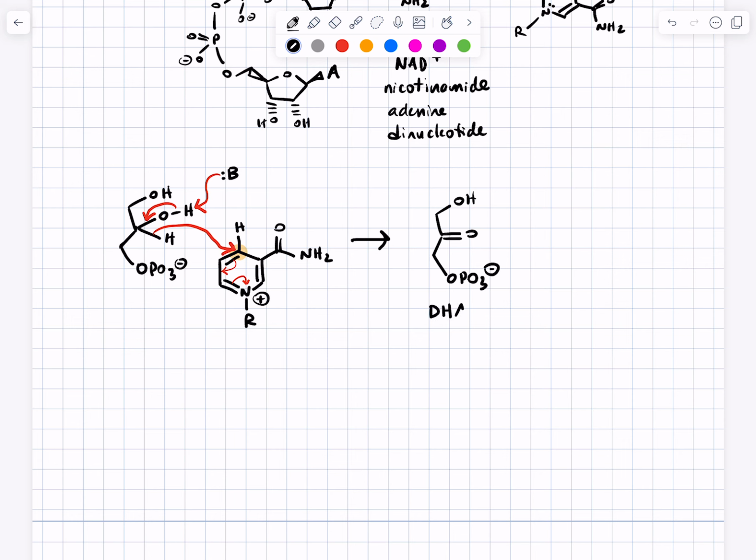This is dihydroxyacetone phosphate. And then what we have over here is now NADH, where the added H reflects the fact that we got an H- from our starting material, glycerol 3-phosphate, and we reduced NAD+ to this reduced form.